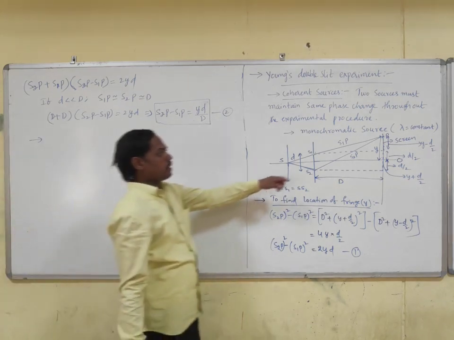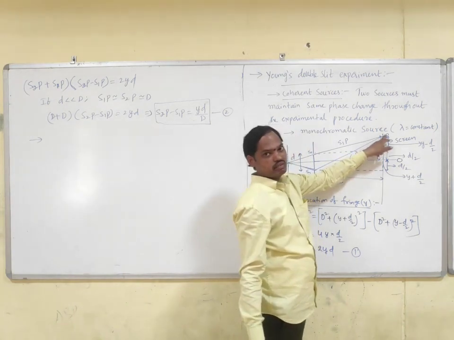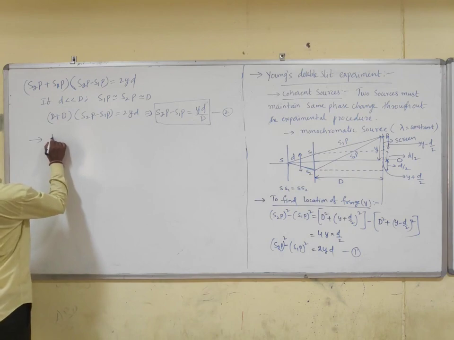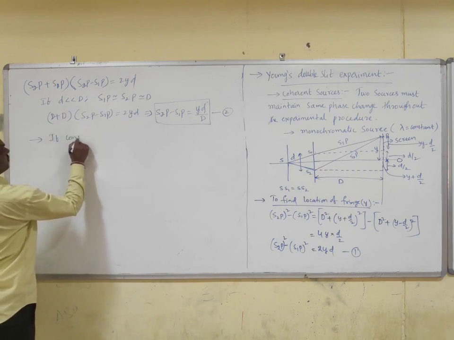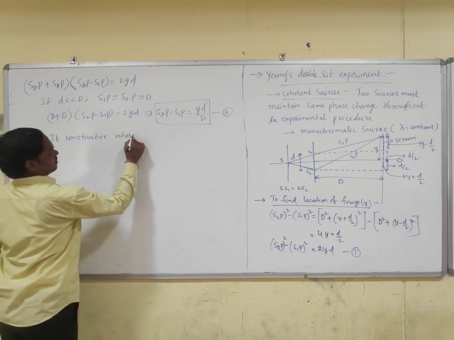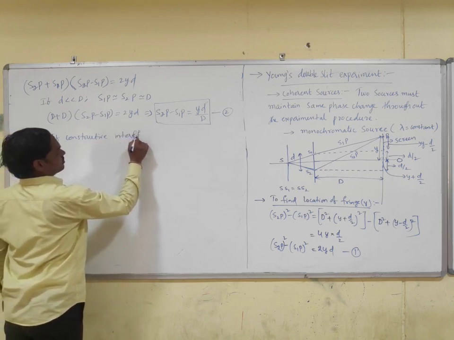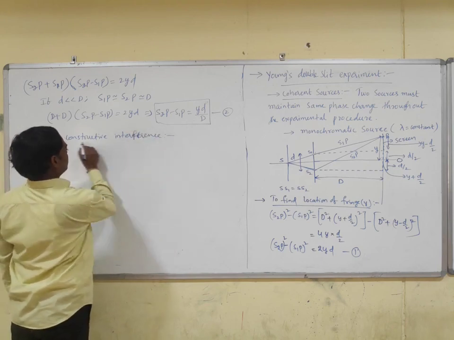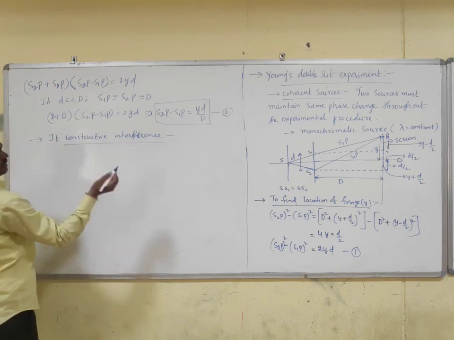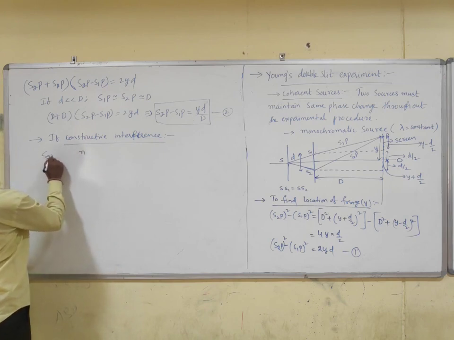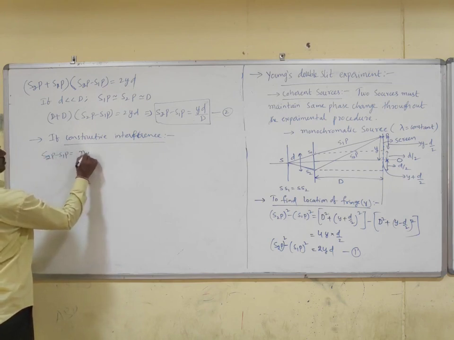Now, at point P, if it is constructive interference, already we derived the condition: S2P minus S1P is equal to n lambda. So S2P minus S1P is equal to n lambda.